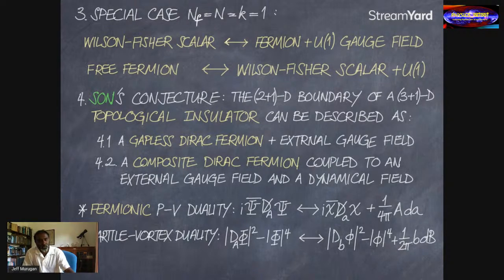They say that a Wilson-Fisher scalar, so Wilson-Fisher scalar is a scalar field theory with a canonical kinetic energy, so (dφ)². And usually it would be a massive theory, so it would have a minus m² φ², and it has a λφ⁴ potential.